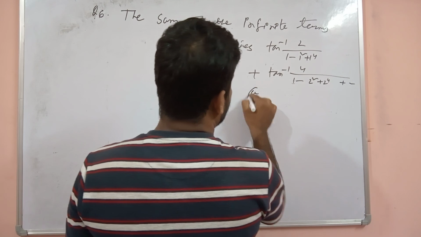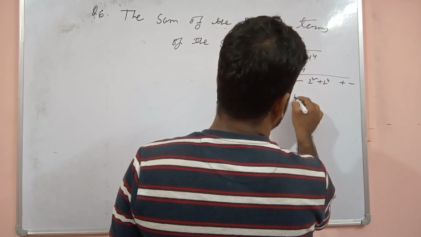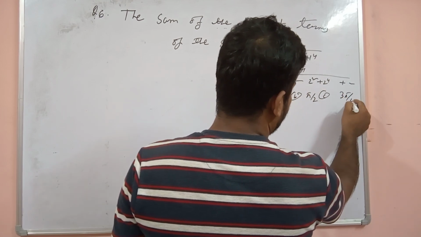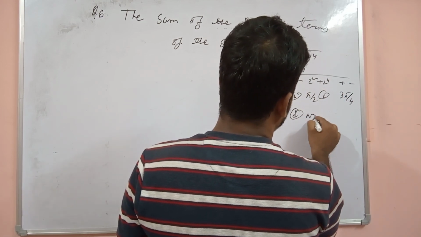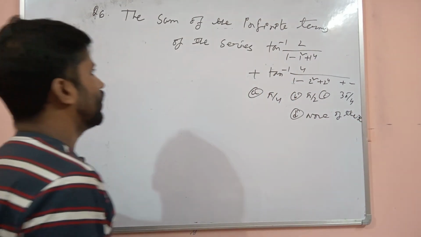Okay, and the options are pi by 4, pi by 2, c 3 pi by 4, and the last one is none of these. Okay, let's see how to do it.